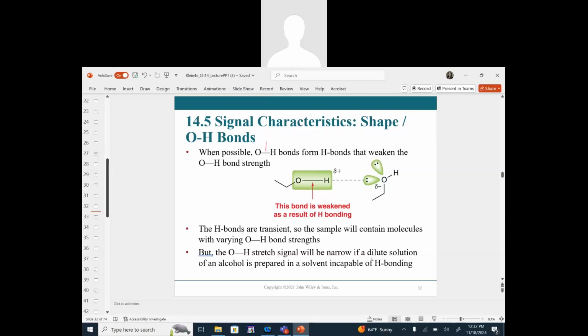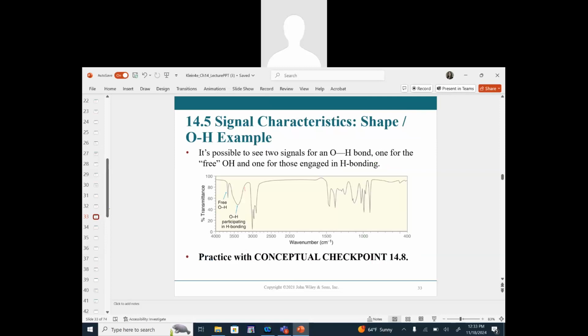But if we include a solvent that can dilute our alcohol solution, and the solvent is incapable of hydrogen bonding, then we can actually produce an additional signal, a very narrow or sharp signal. So let's take a look at both of these cases. Again, we can produce two signals for this OH stretch.